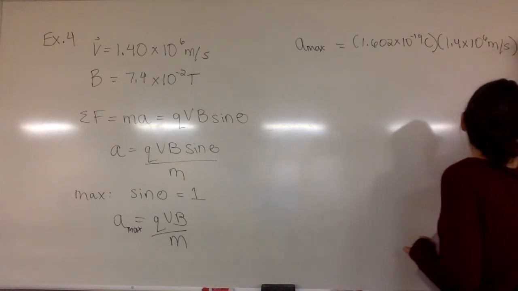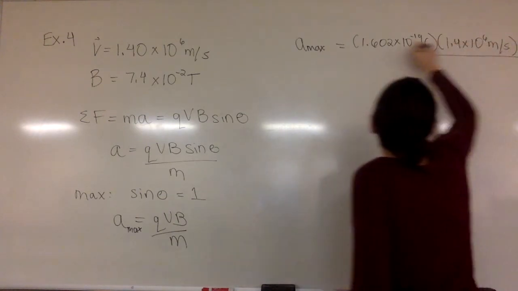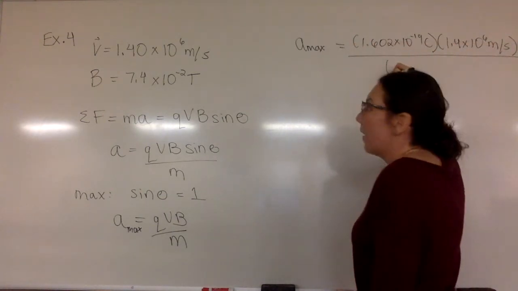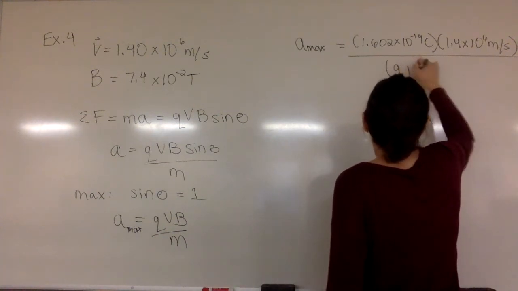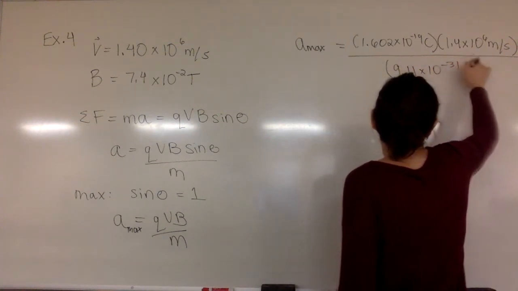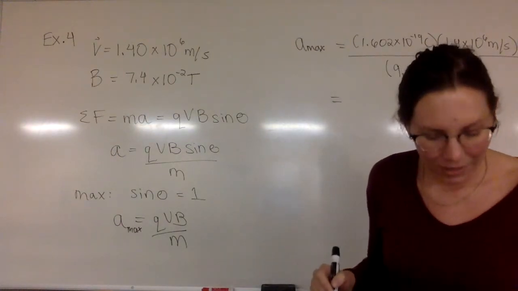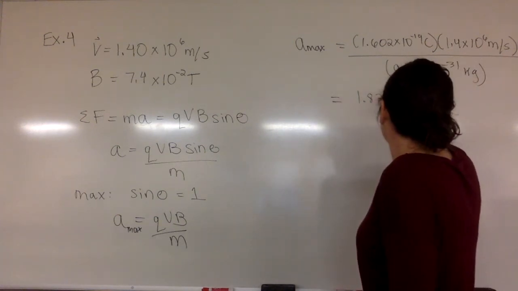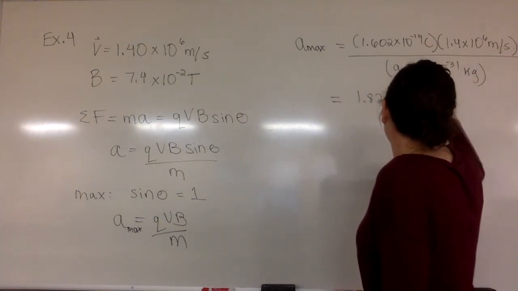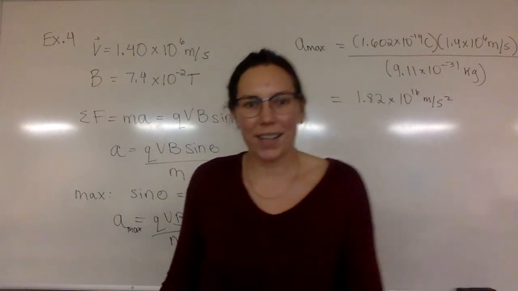Oh, 7.4 times 10 to the negative 2 Tesla, divided by the mass of the electron, 9.11 times 10 to the negative 31 kilograms, to give us an acceleration of 1.82 times 10 to the 16 meters per second squared.